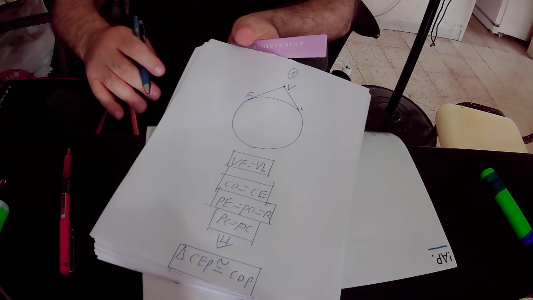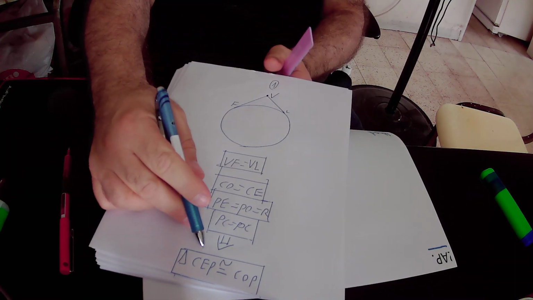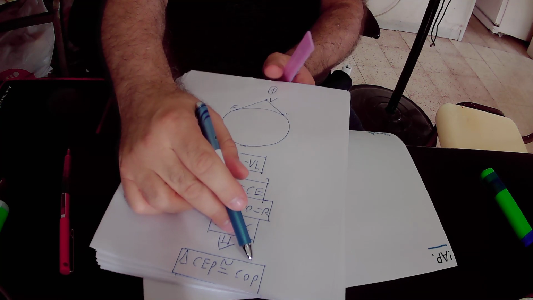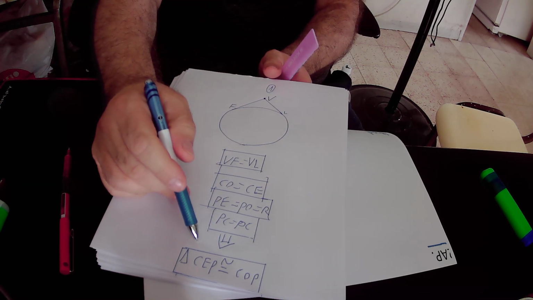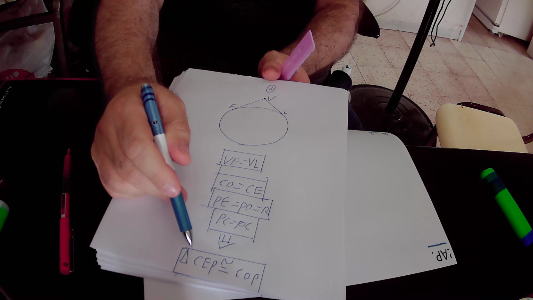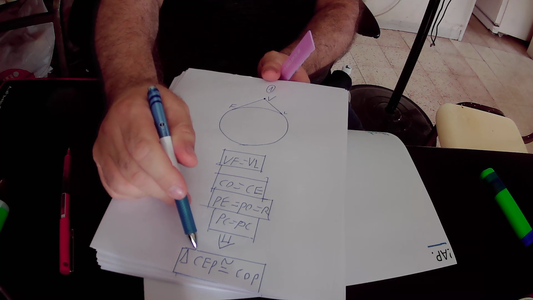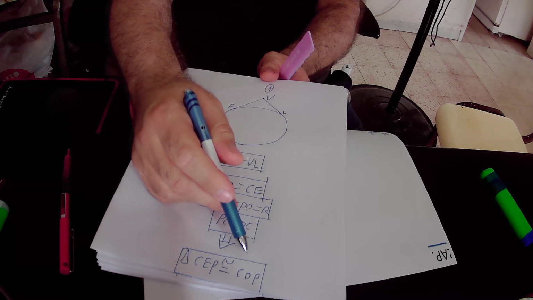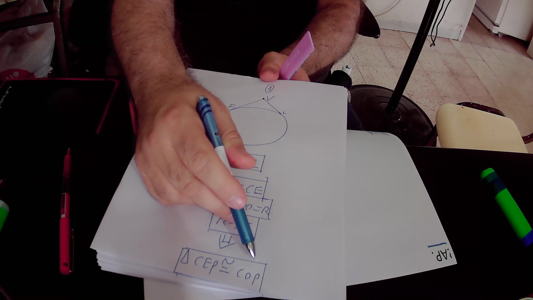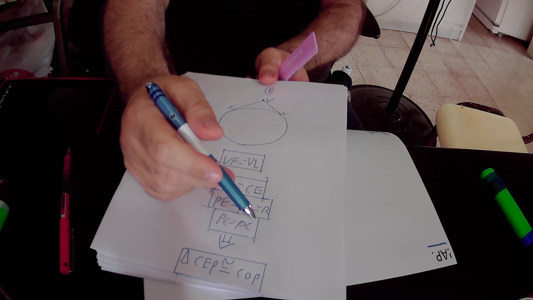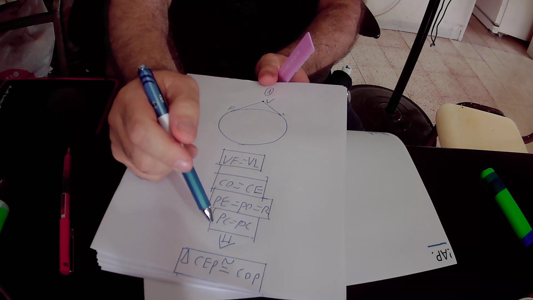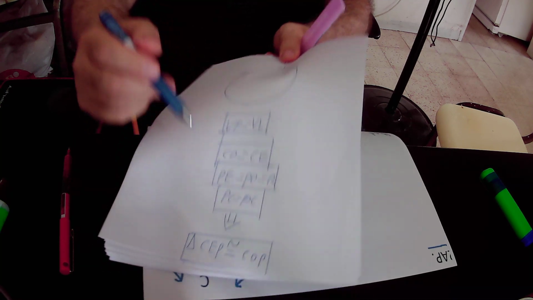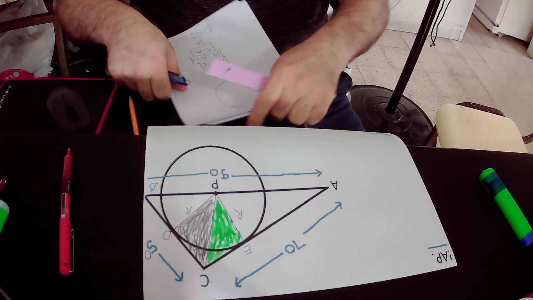Again, triangle CEP is congruent to triangle COP because three sides of triangle CEP, the green triangle, are equal to three sides of triangle COP, the black triangle. Okay, therefore triangle CEP is congruent to triangle COP.